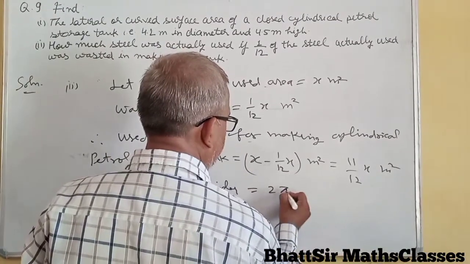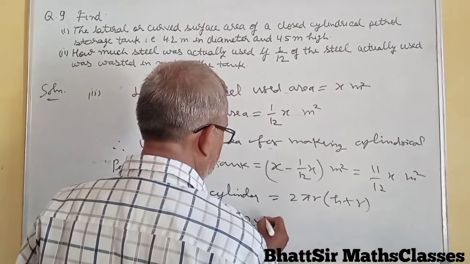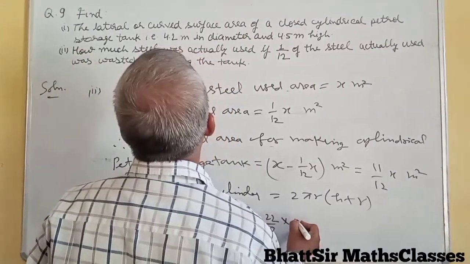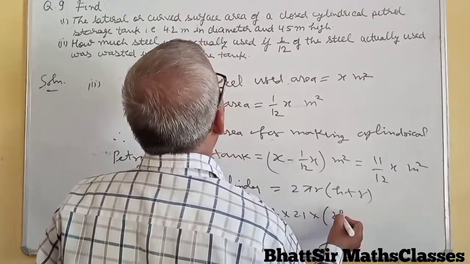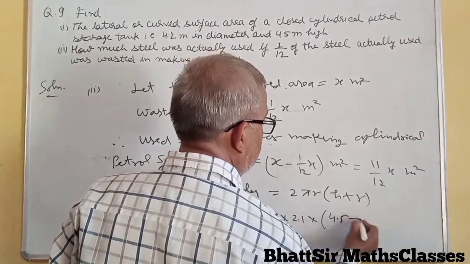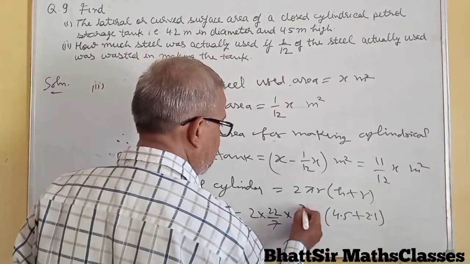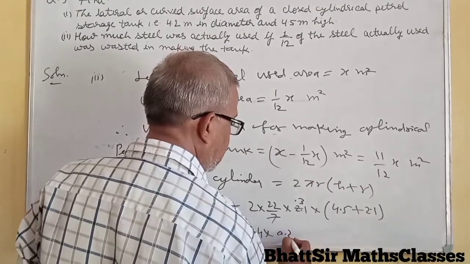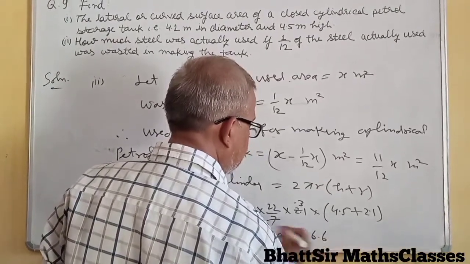equal to 2 pi r h plus r equal to 2 into 22 upon 7 into r 2.1 into h 28 h 4.5 plus 2.1 equal to 7 3 is 21. 44 into 0.3 into 6.6.